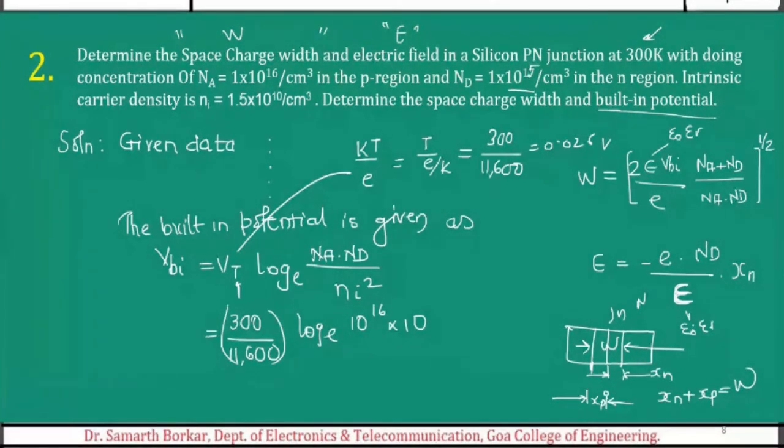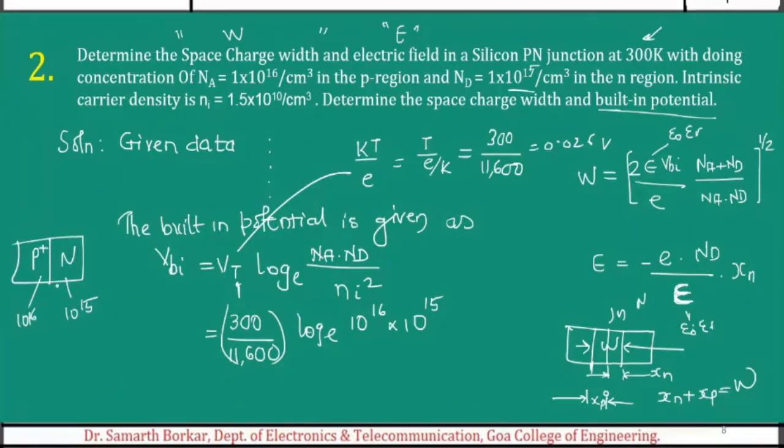We'll make ND as 10 to the power 15. The number of holes is more as compared to the number of electrons. You remember we discussed in one of the lectures, instead of taking this as PN, we take it as P plus N. This is the best example. Here the donor concentration is 10 to the power 15, and here the concentration is 10 to the power 16.